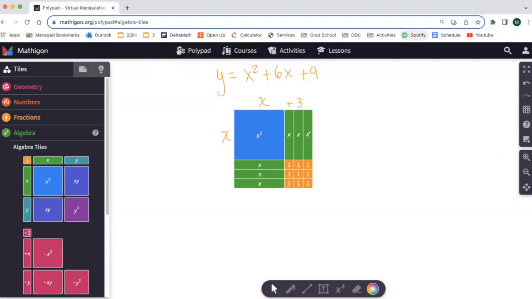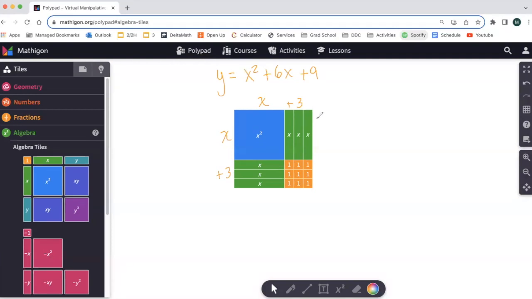Repeating the process on the other side, we see x times 1 gives you x, and x times 1 gives you x. And sure enough, just as we stated before, this is also a plus 3, making the side lengths of this square the same.